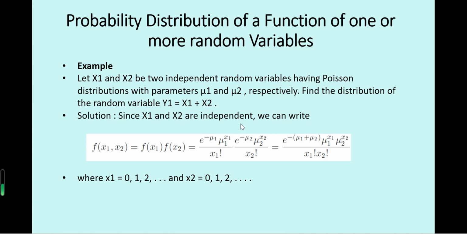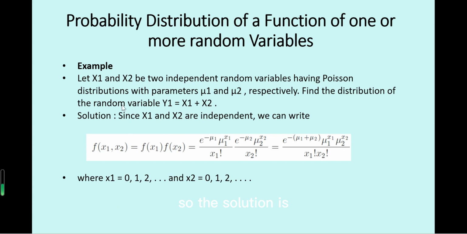Next, we will take a look at another example. Let x1 and x2 be two independent random variables, both having Poisson distributions with parameters mu1 and mu2. The question is to find the distribution of the random variable y1, which is the sum of x1 and x2.